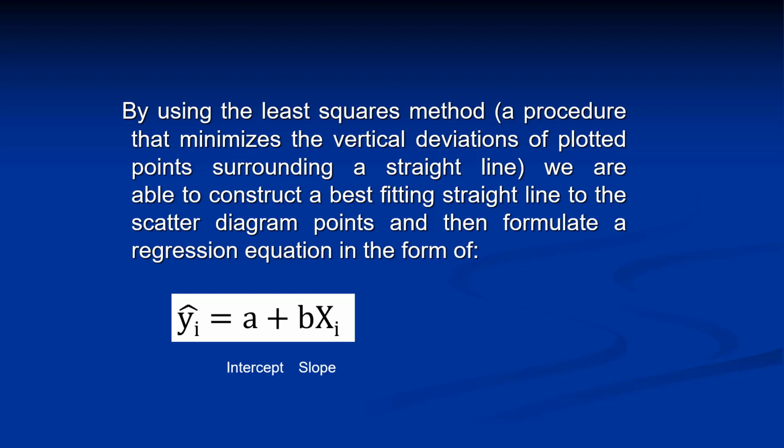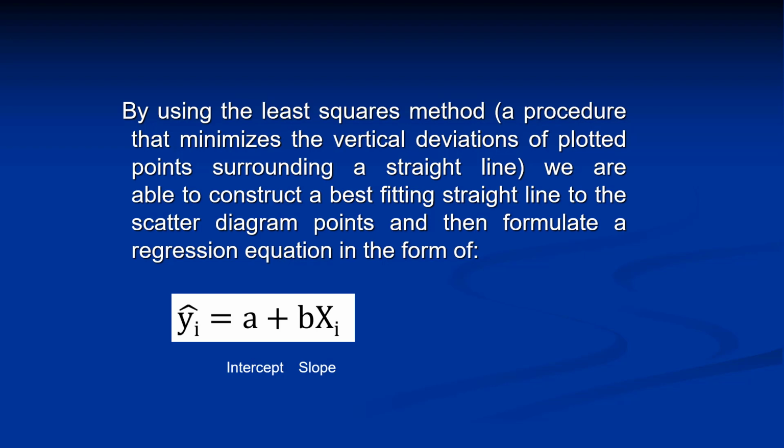Y hat sub i is the predicted score on the response variable y, systolic blood pressure, for case i, given their value x sub i on the predictor x, weight. The predicted score is determined by the intercept a and the regression coefficient or slope b.